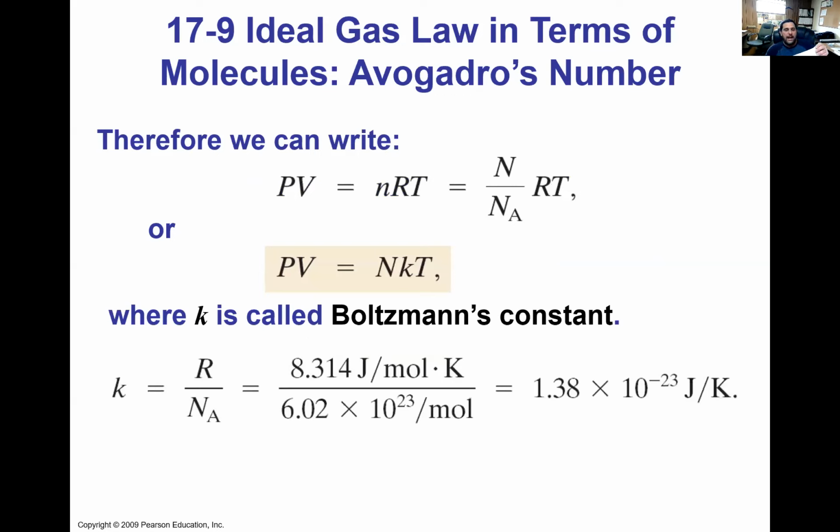Here's another way to look at the ideal gas law, PV equals nRT, using something called Boltzmann's constant, which is your universal gas constant divided by Avogadro's number. It's just another way to use it. I am more familiar with PV equals nRT.